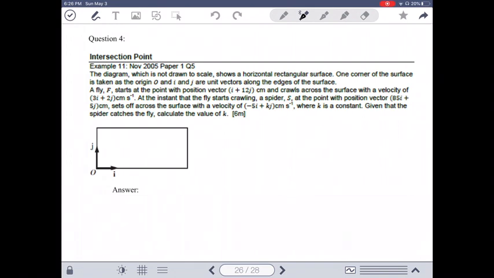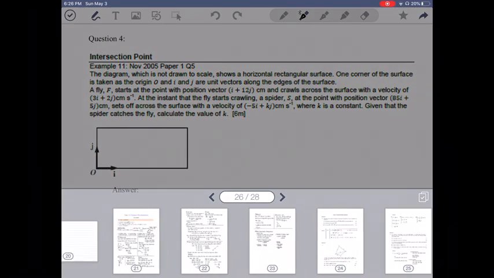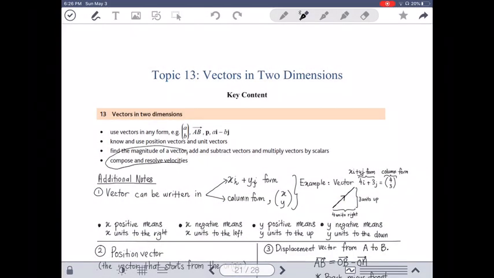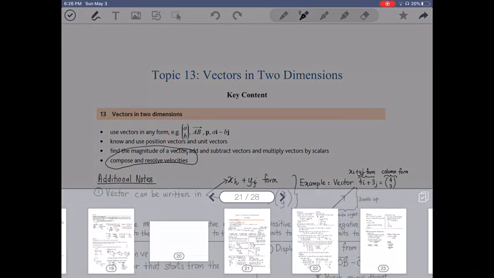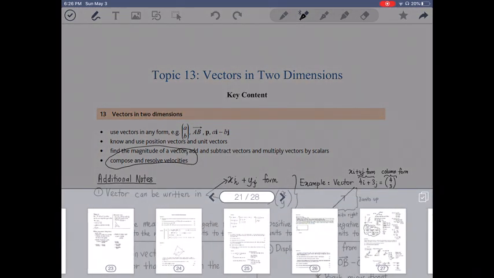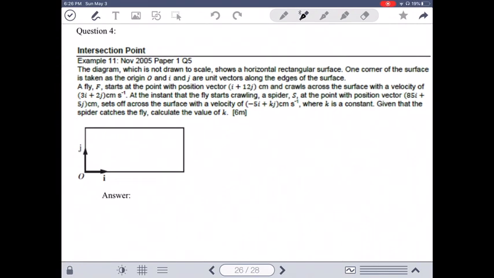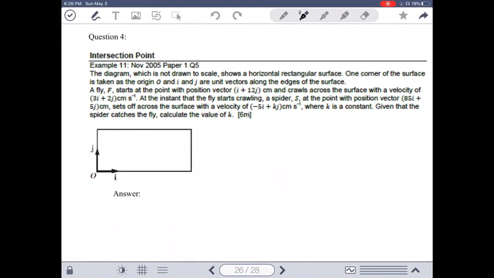Obviously this kind of question will not be asked in SPM, but somehow it's in the requirements of your IGCSE syllabus, compose and resolve velocity. So I assume this kind of question can come out in your IG examination. So let's have a look.